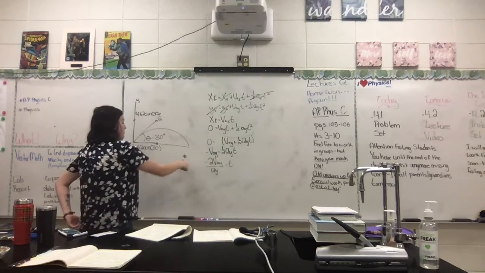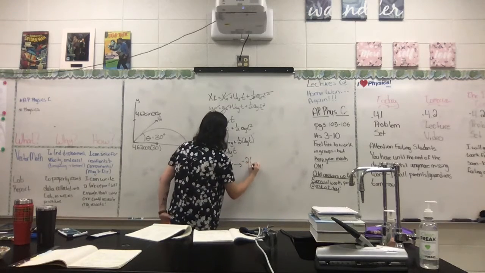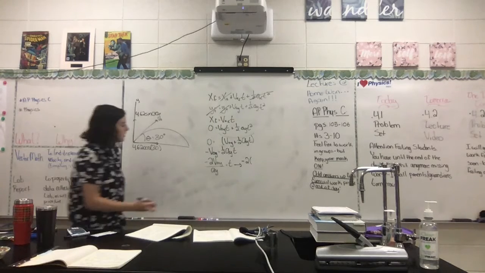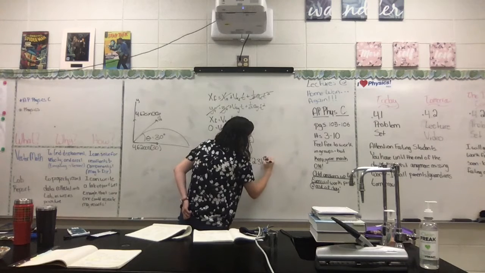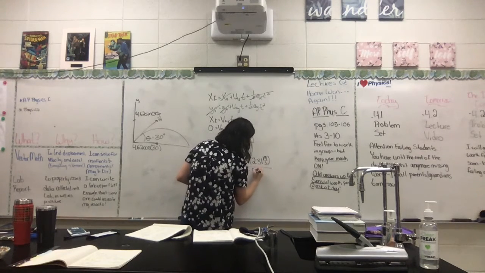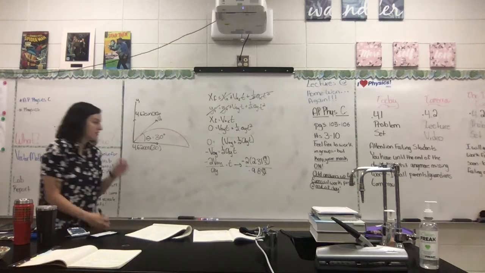When we go back, we can now plug all of our values in, and we're going to get -2 times our v naught y that we just found divided by our ay, which is -9.8 meters per second squared.